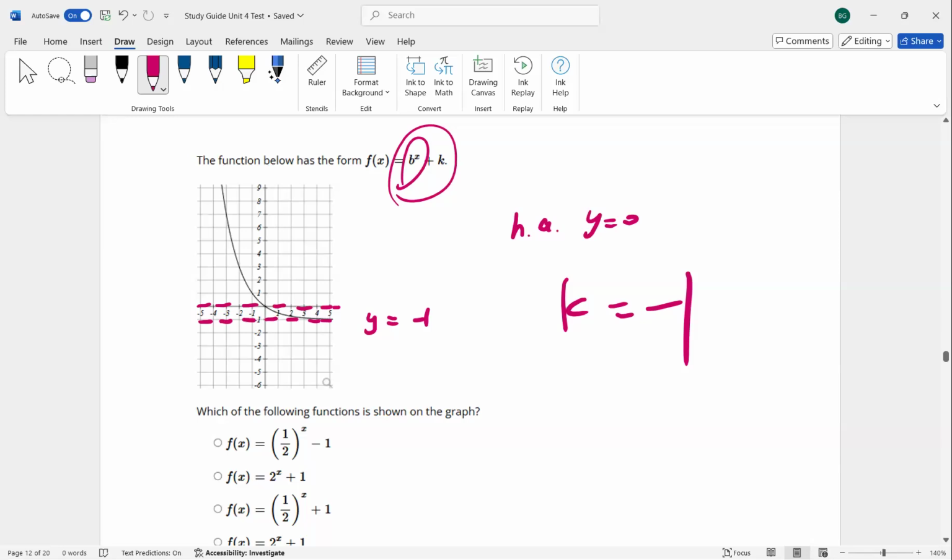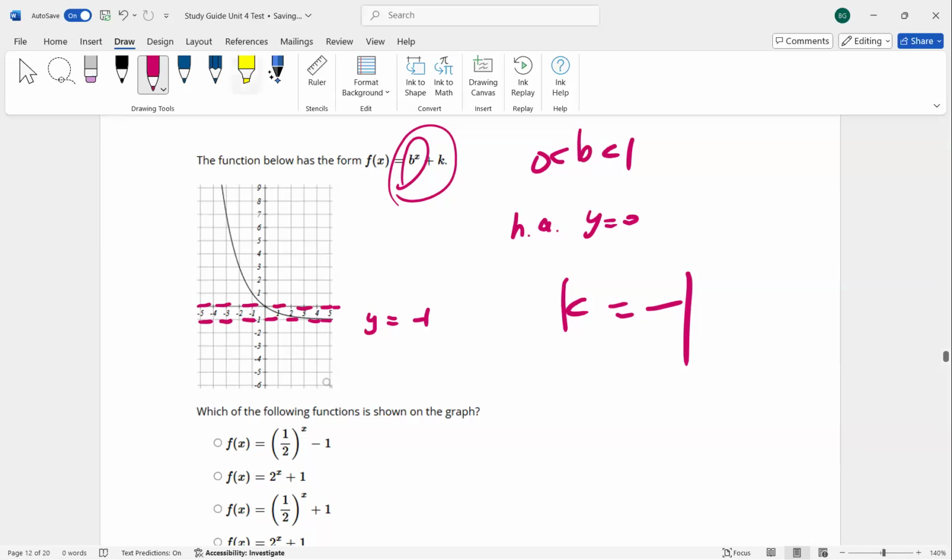I hope the explanation is understandable. Originally, the asymptote is y equals 0, but now it's y equals -1. That means the graph is shifted downward 1 unit, so k has to be -1. Also, because the graph is decay, b has to be less than 1. Of course, it has to be positive.